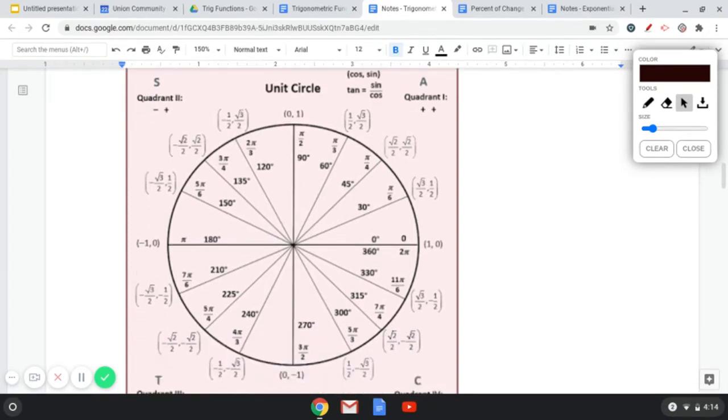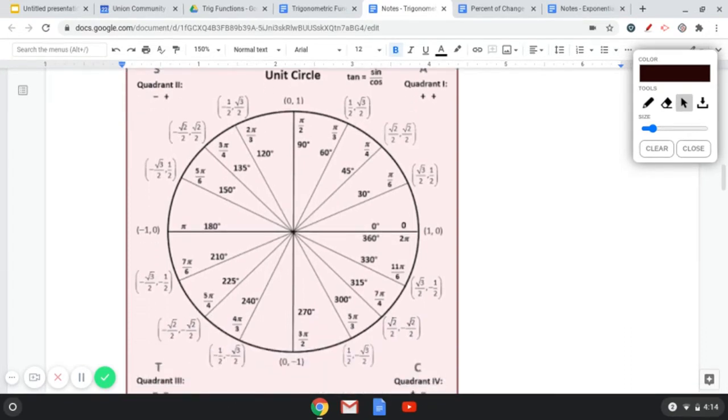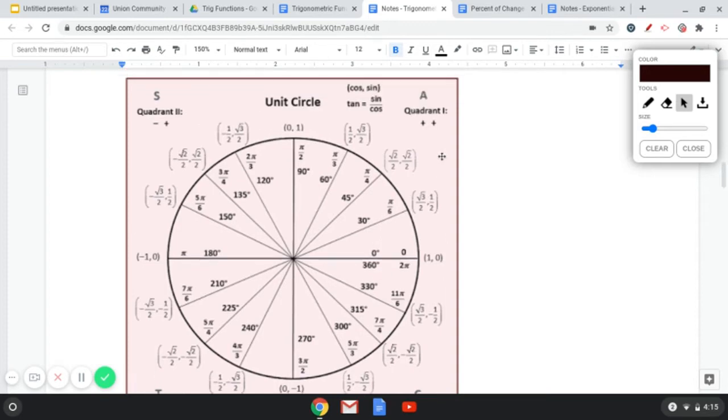Okay, the unit circle. The unit circle lists various trig values, and it's important to know how to read this. I just gave you one. You can just Google this, and it'll pop out a million that look just like this. So we've got different quadrants. Think of this as a coordinate plane.